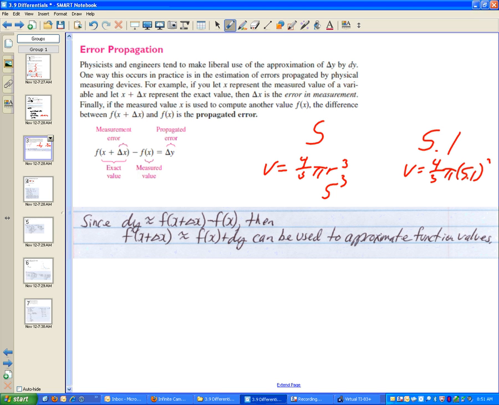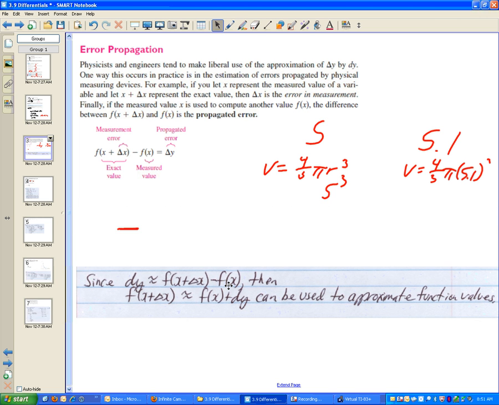All right, now, dy, which is not the same thing as delta y, is approximately f of x plus delta x minus f of x. How do I know it's approximately that? Follow the lines of definitions we had before. Okay?